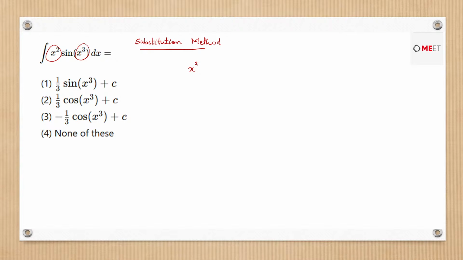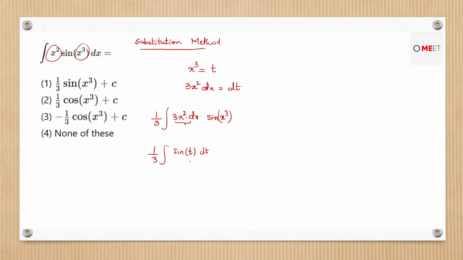So x cube is equal to t, that is 3x square dx is equal to dt. So here we can multiply with 3 and divide with 3: 1 by 3 into 3x square dx into sine x cube. So this could be replaced with 1 by 3 times of dt, and this would be sine t.